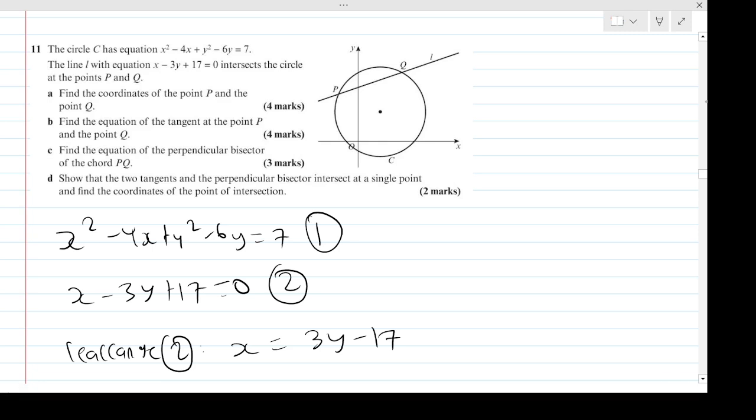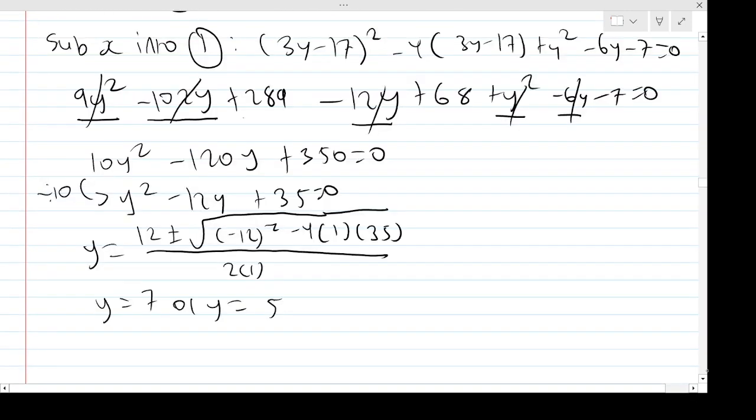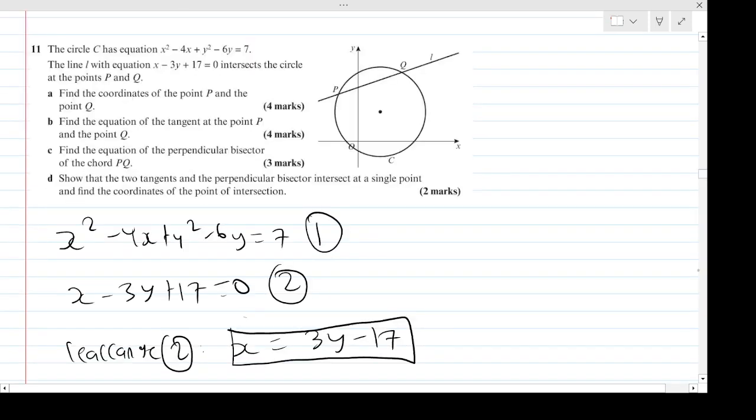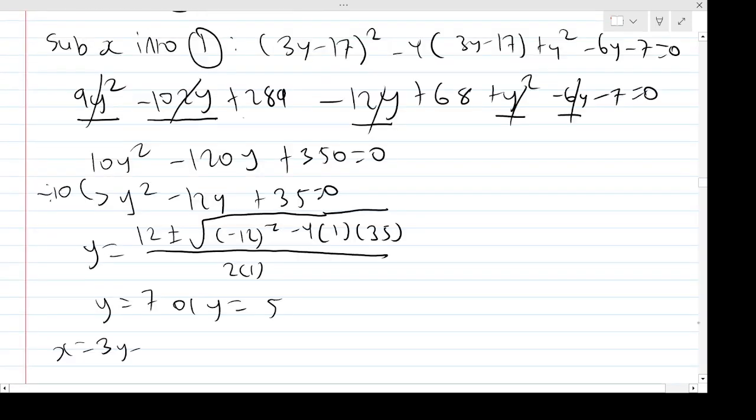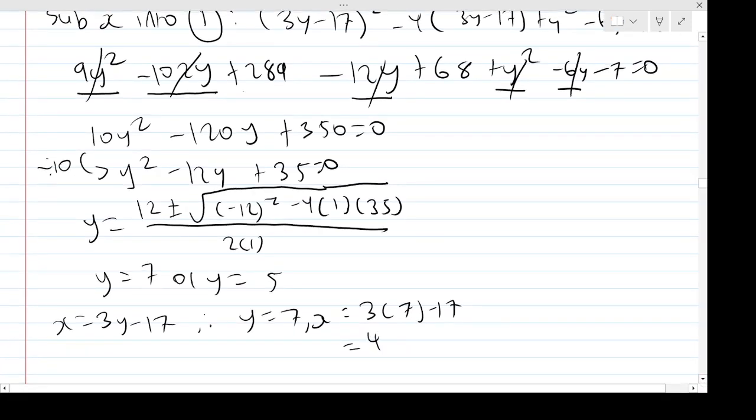So then the values of x, well, I know x is this, so I can substitute those two values to get the other values of x. So x again is 3y minus 17. Therefore, if y is 7, x would be 3 lots of 7, take away 17. That would get me 4, right? Yes. Always double check, even stuff like this.